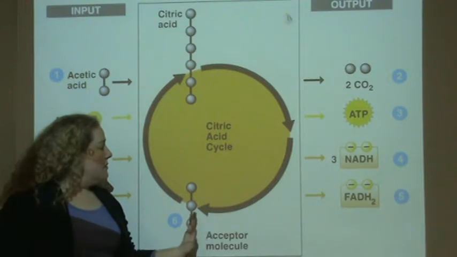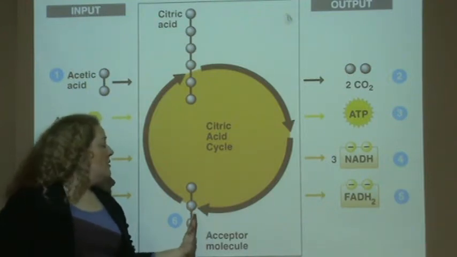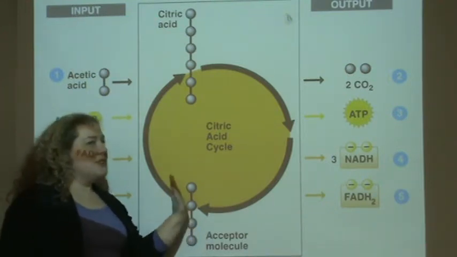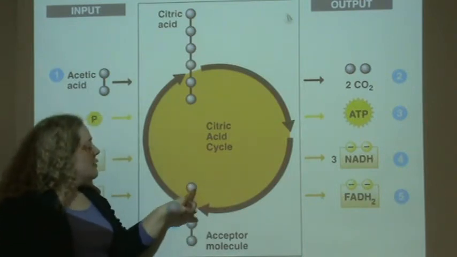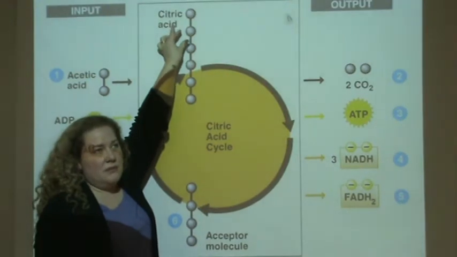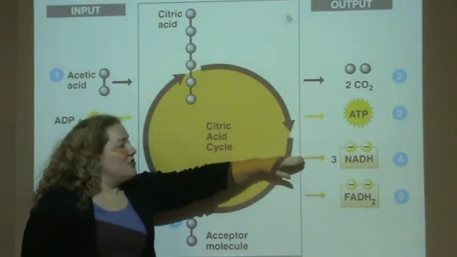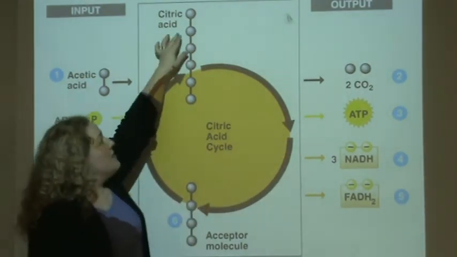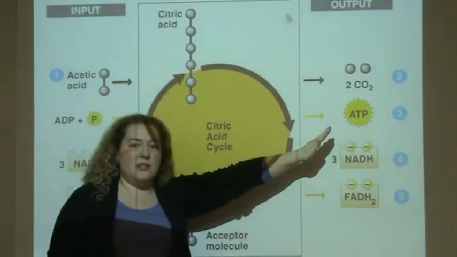So the best way I can describe it simply is that this 4-carbon molecule holds on to the 2 carbons to allow their energy to be extracted, and in the end they are broken down and they produce these products.